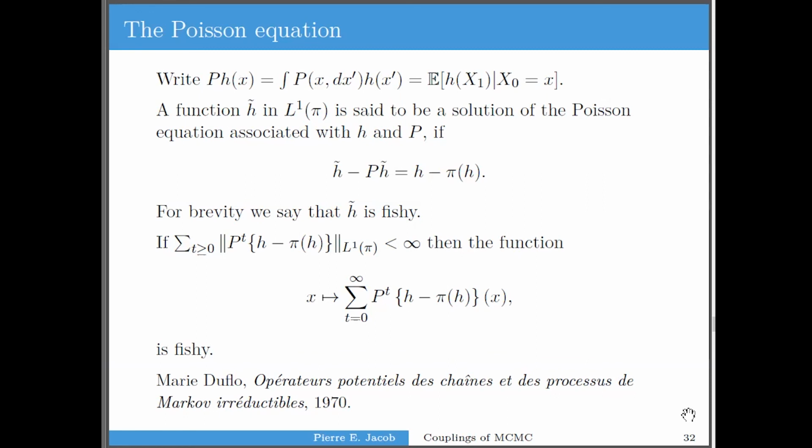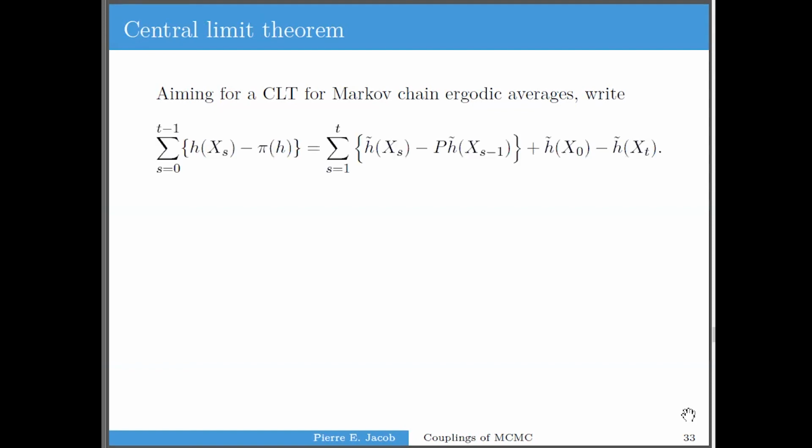That is well known for a long time, in particular in obtaining central limit theorems for ergodic averages. Here's how it works. You want to get a CLT for your Markov chain average, so you look at the sum of h(Xs) minus the limiting value of the average.